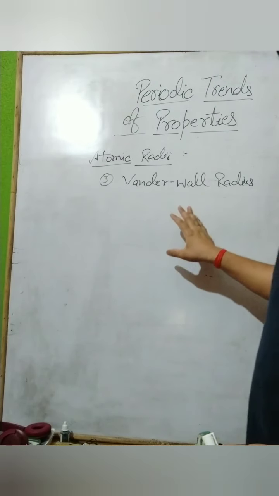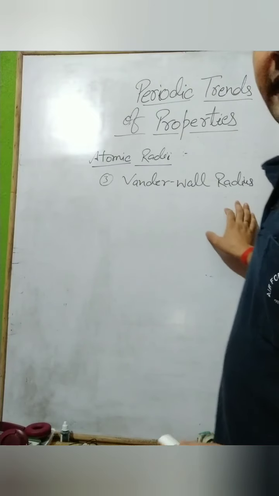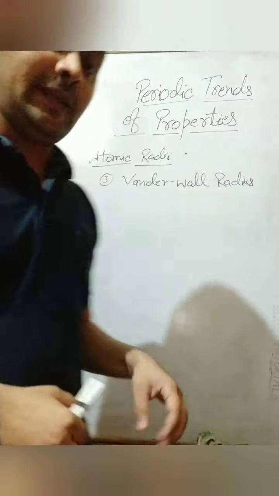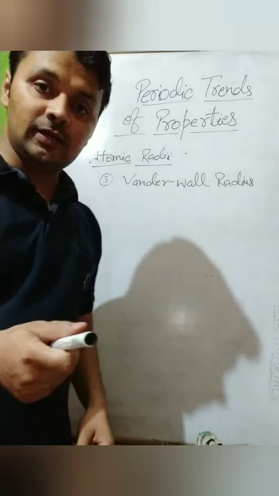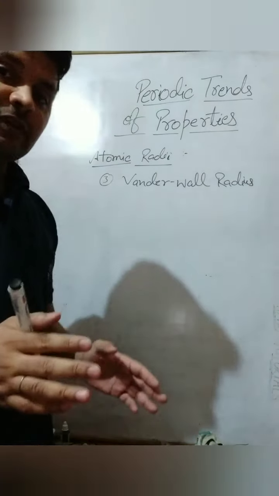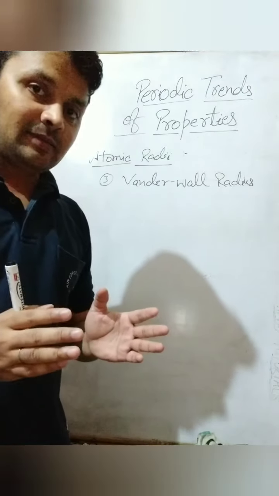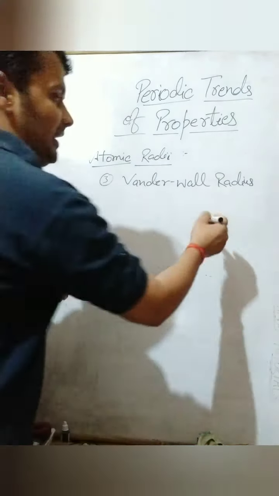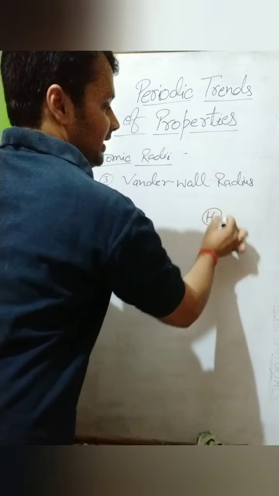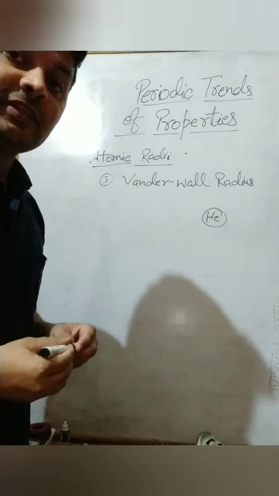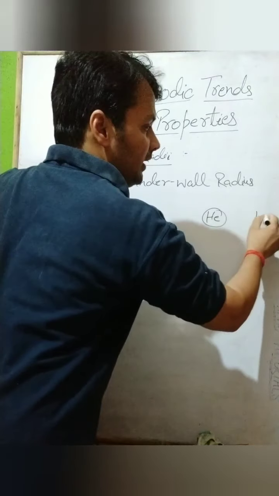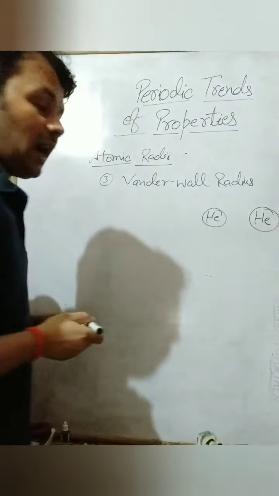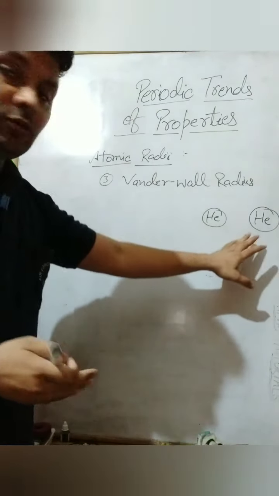The third type of atomic radius is van der Waals radius. Now it is a very important and interesting type of radius. I have told in previous videos that the atoms of some elements do not combine. For example, helium: we know that helium atoms remain in nature in the free state, they do not combine. So if we consider two helium atoms, how can we know that they do not combine?